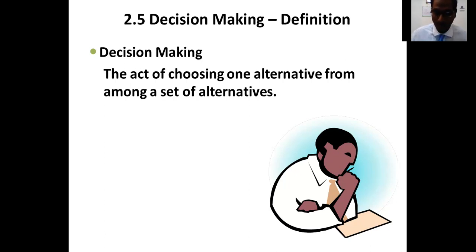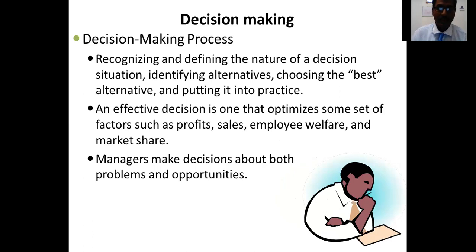Now we move on to the next topic, the decision making process: recognizing and defining the nature of the decision situation, identifying alternatives, choosing the best alternative and putting it into practice.